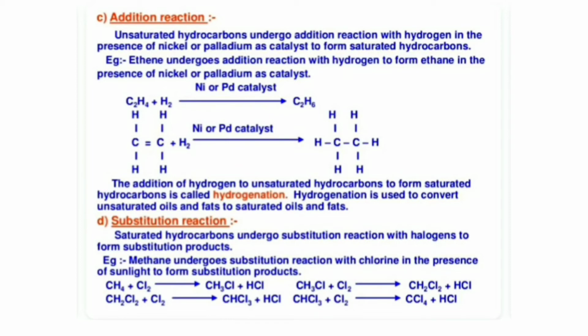Substitution reaction. Saturated hydrocarbons undergo substitution reaction with halogens to form substitution products. Methane undergoes substitution reaction with chlorine in presence of sunlight and forms substitution products.